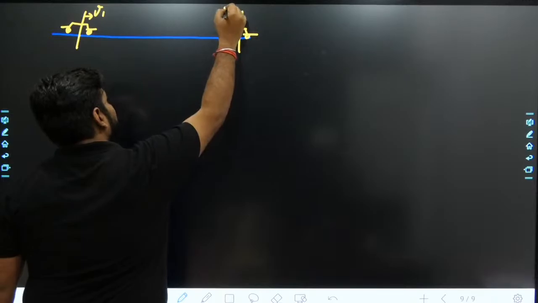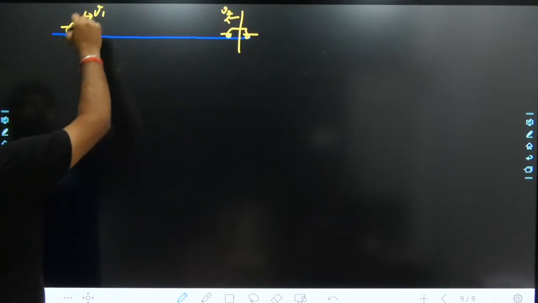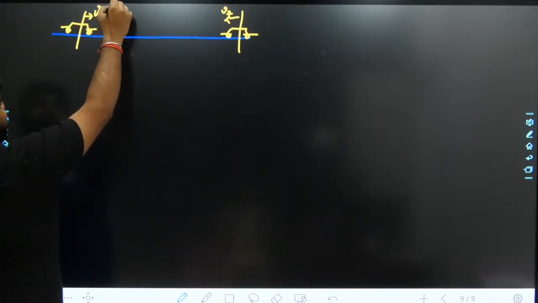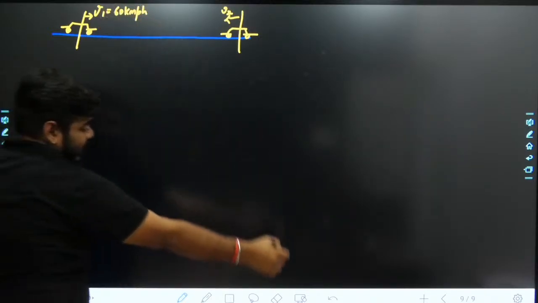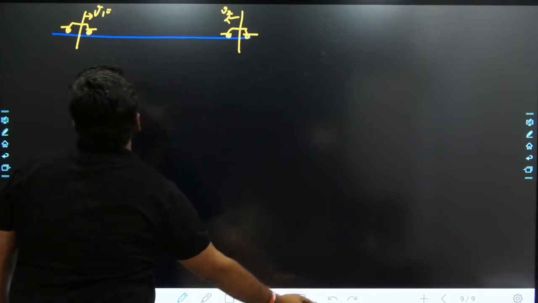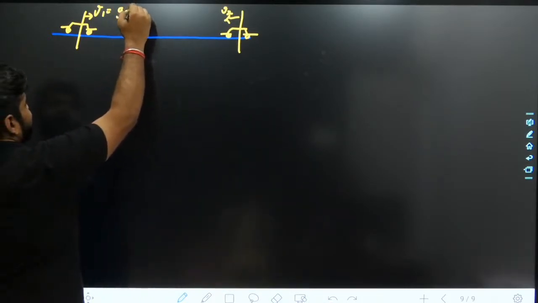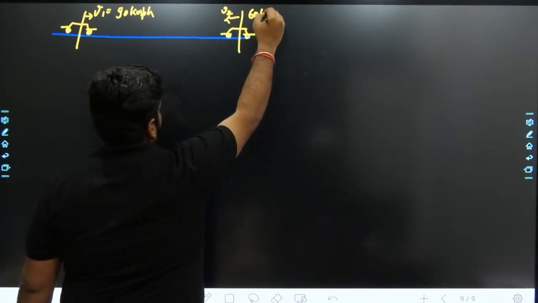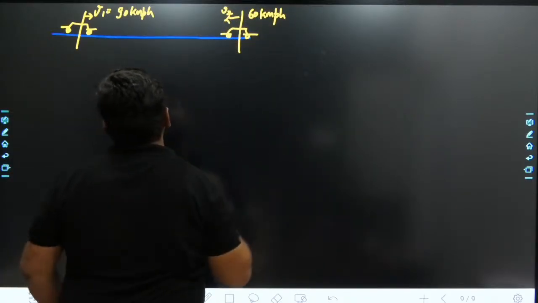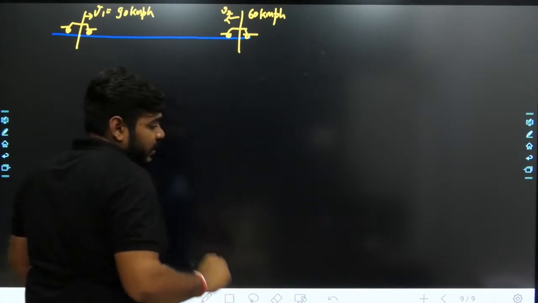Now V1 is given as 90 kmph, and V2 is given as 60 kmph.